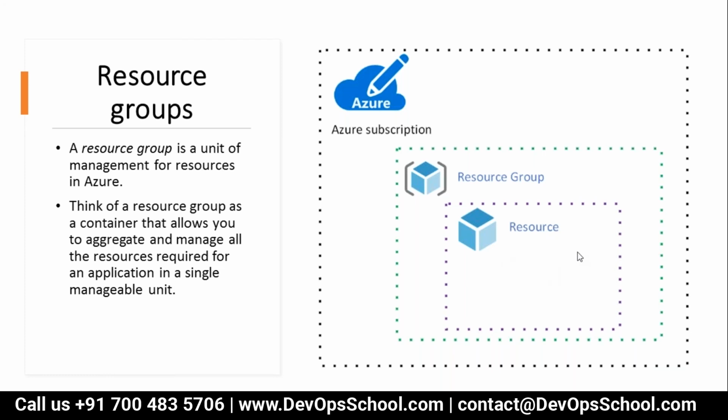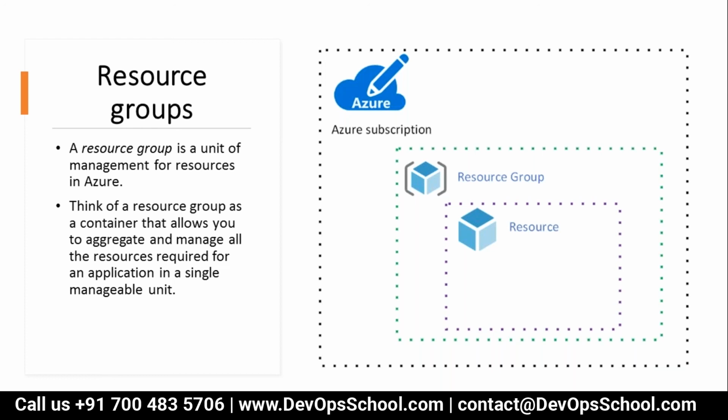Yesterday you created RG test 01 and put VM test 01 inside it, correct? That is why I told you a resource group is a container that allows you to aggregate and manage all the resources required for an application in a single manageable unit.